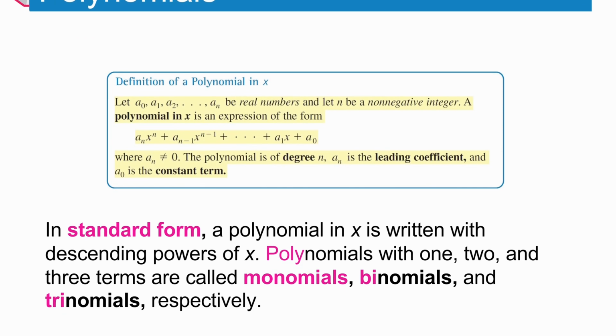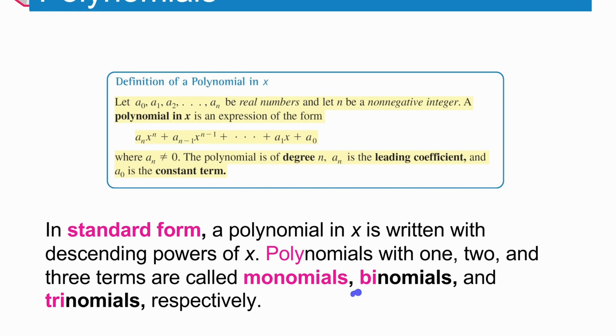If you have monomials, mono means one, and so that would be just like a sub 0. That would be a monomial. Or you could have 3x squared. That could be a monomial, but it would just have a single term. So that's what monomial means.